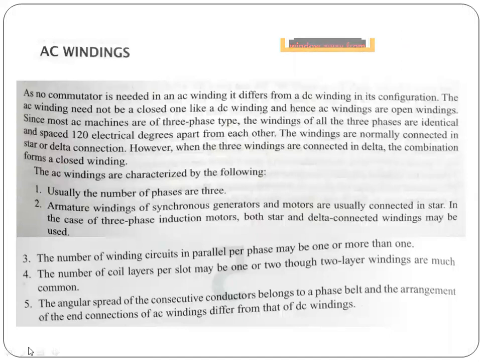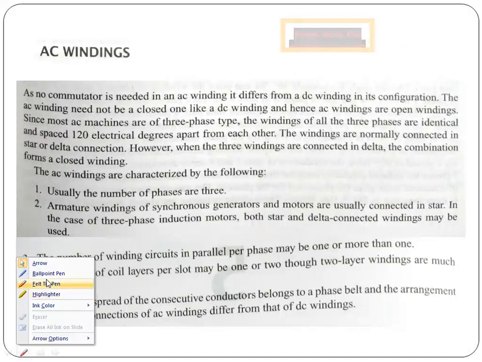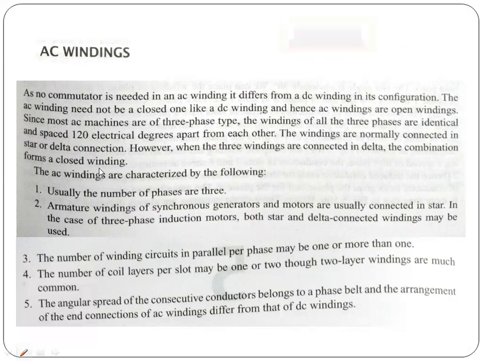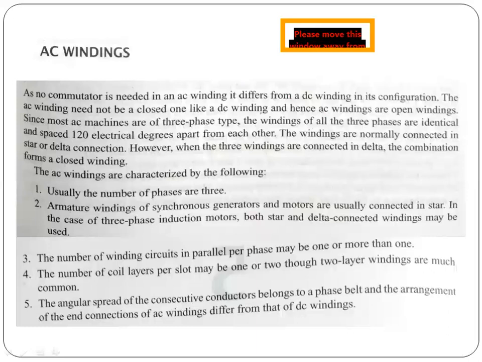In the case of AC windings, as no commutator is needed, it differs from a DC winding in its configuration. The AC winding need not be a closed one like a DC winding, and hence AC windings are open windings. Remember this one, AC windings are open windings.